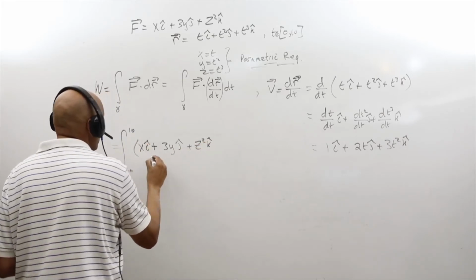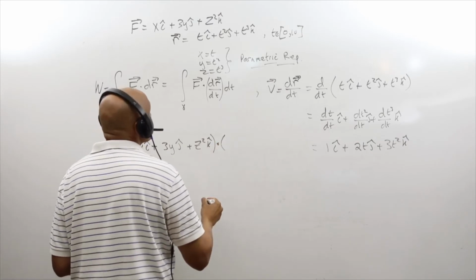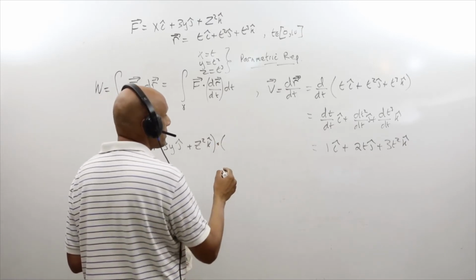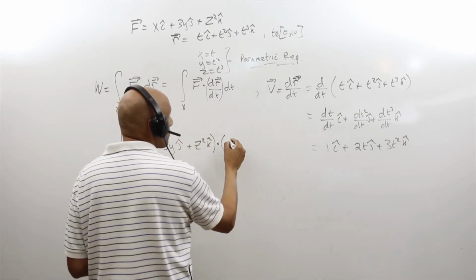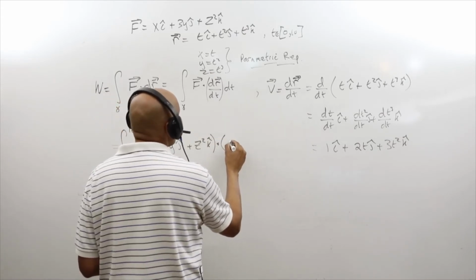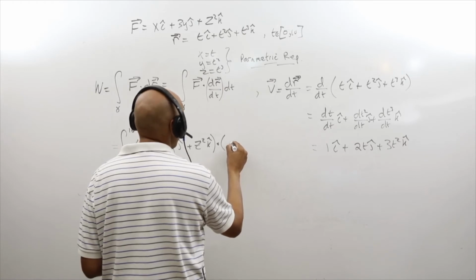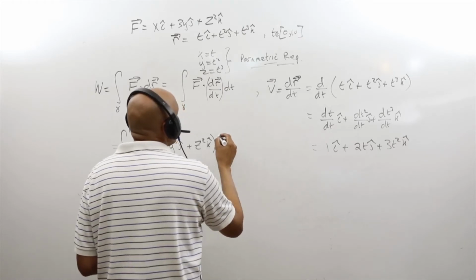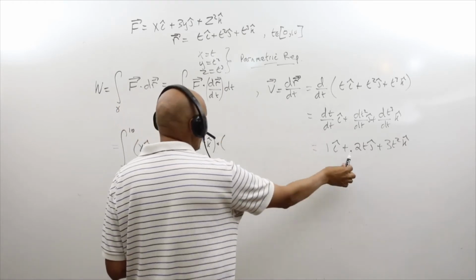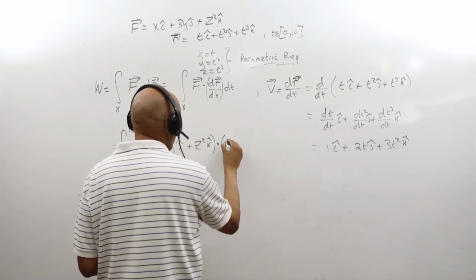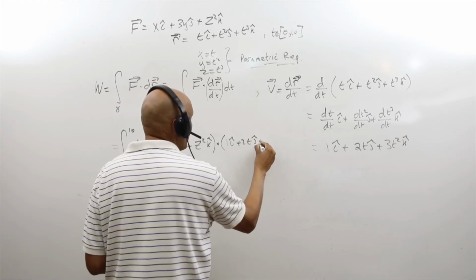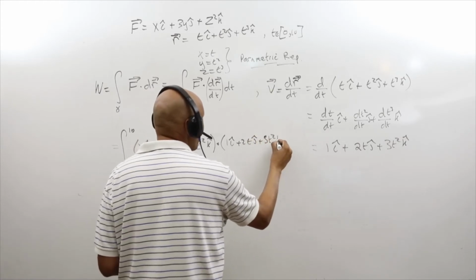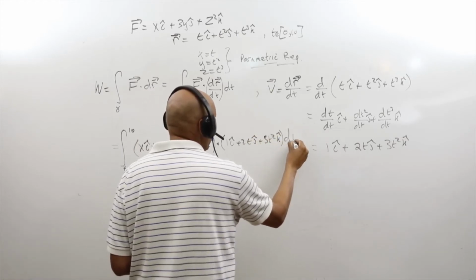I usually skip a lot of steps, but I think I better not in this case. So what is dr/dt? That's the velocity vector, 1i plus 2tj plus 3t squared k, times dt.